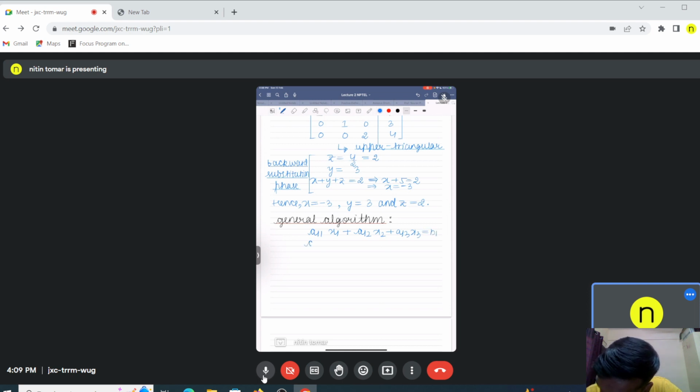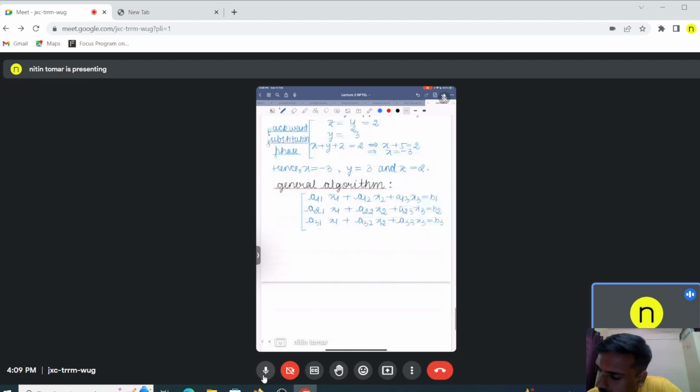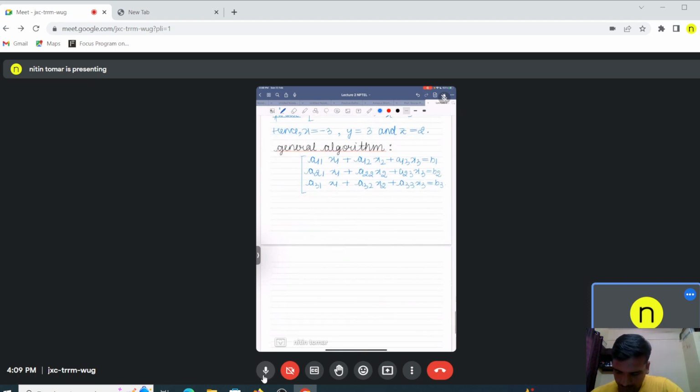b1. So this thing is there. So it is a linear system in 3 variables, correct?